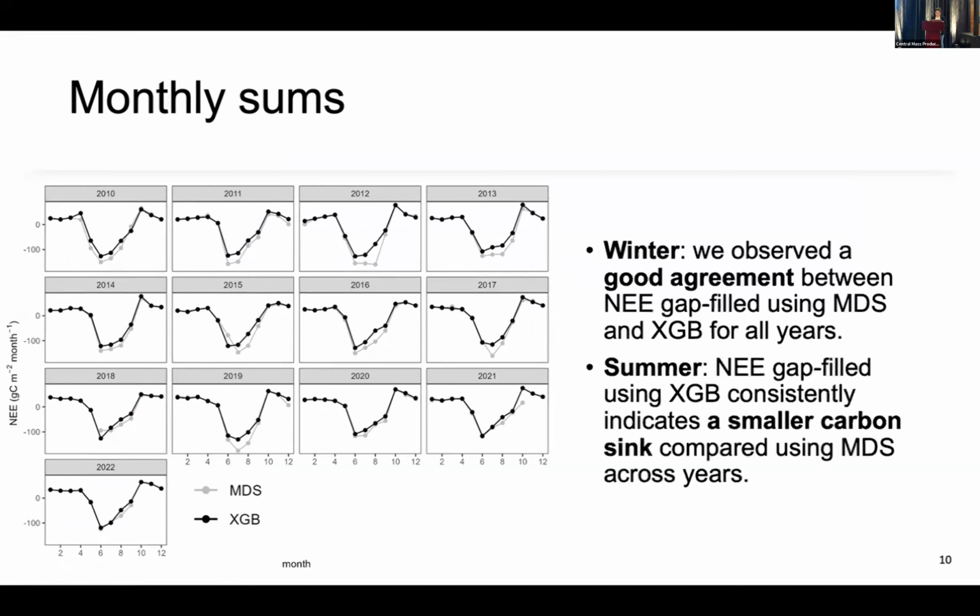The difference between the methods occurred in the summertime. Using XGBoost consistently indicates a smaller carbon sink compared to using MDS across years.